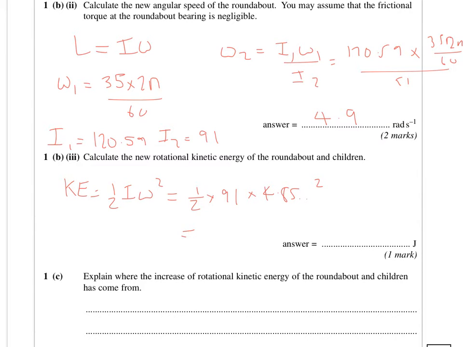So let's square that answer from the previous question, times 91, divided by 2, which gives you 1073.35 and so on. So that would be 1.1 times 10 to the 3 joules to two significant figures, but 1.073 would be the unrounded answer.